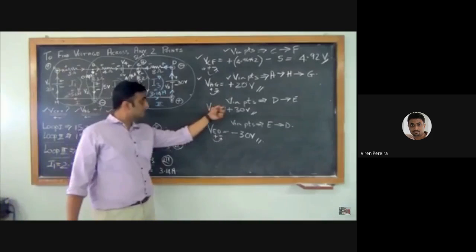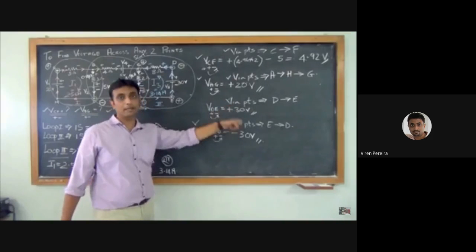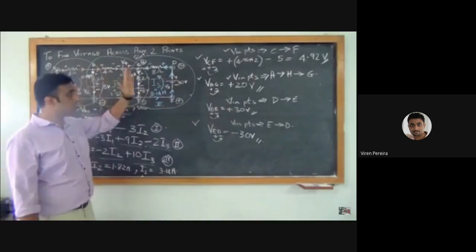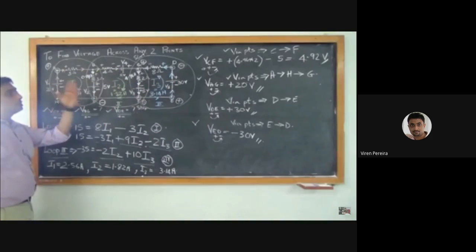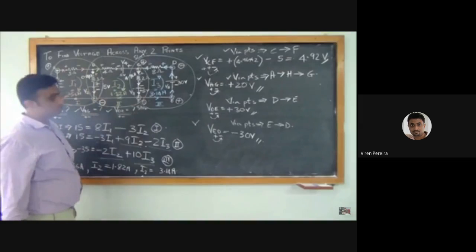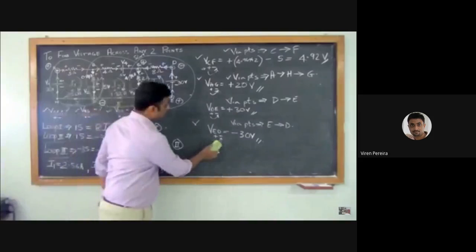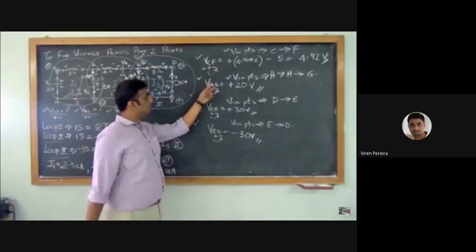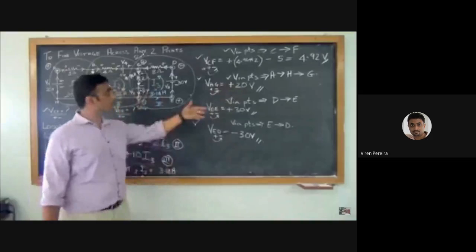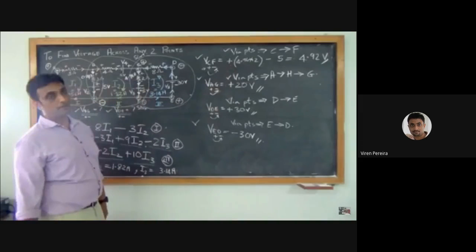If this is positive, this will be negative; if this is negative, this will be positive. The only difference is that its polarity will be reversed. In the same way, if my VAG equals plus 20 volts, then obviously my VGA will be minus 20 volts.